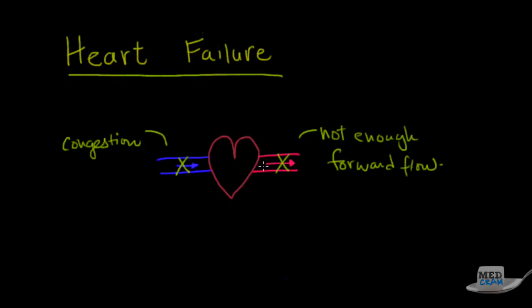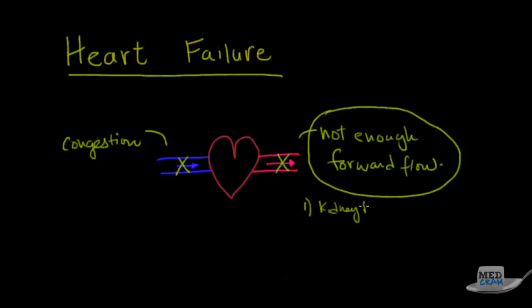Now, things would be pretty simple in this situation if this is all that we had. We're going to get into a little bit more detail, but let's look at how these symptoms manifest themselves. Not enough forward flow could mean, number one, kidney function decreases. Just think about all of the organs, which are all of them, that rely on blood perfusion.